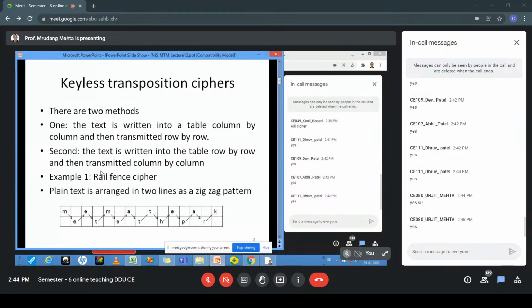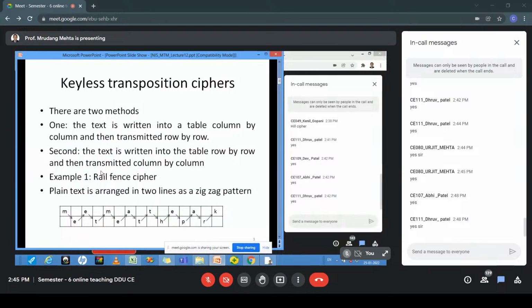Now Bob receives the ciphertext and follows the reverse process. The message is received column by column, so the whole text is created. This ciphertext is placed in column by column manner.